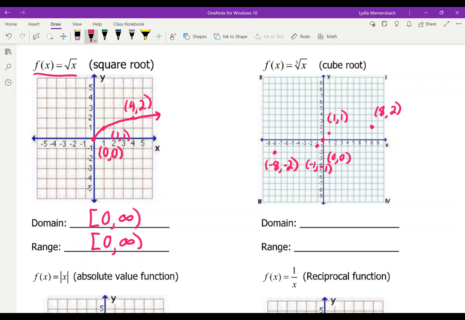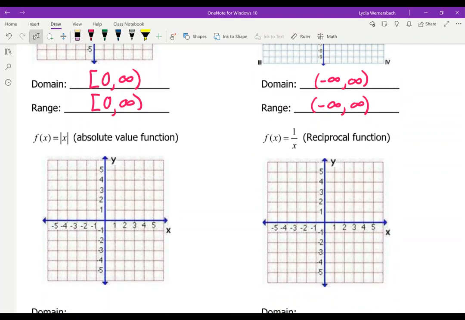So again, this looks really similar to that one on the page before. It's just kind of turned on its side. They are what we call inverses. Again, we'll get to that at a later date. But similarly, its domain and range would be -infinity to infinity, which we maybe believe for the domain. But for the range, it does actually keep going up and down. We just don't really see it on this graph.